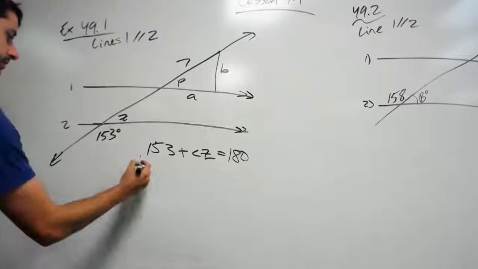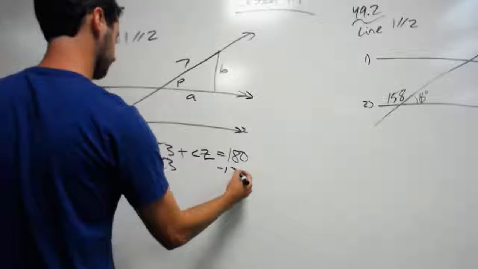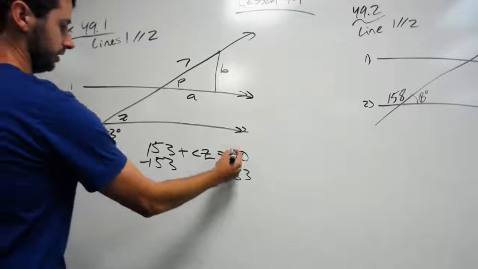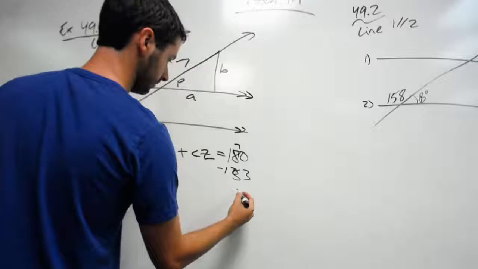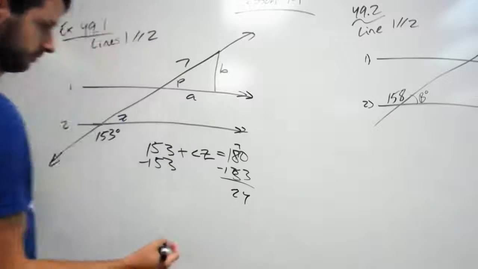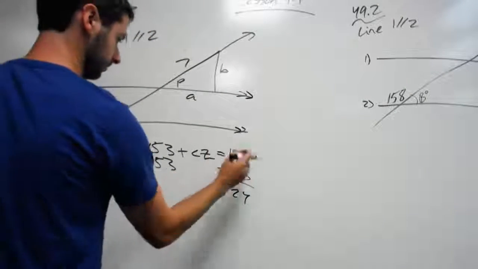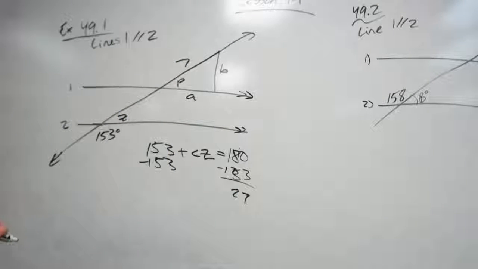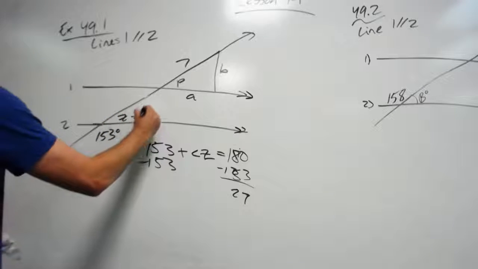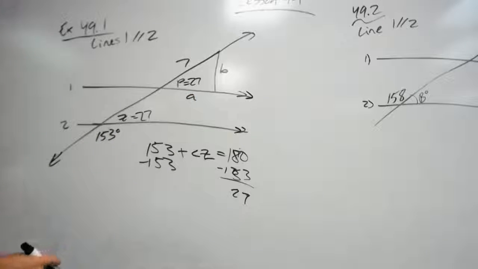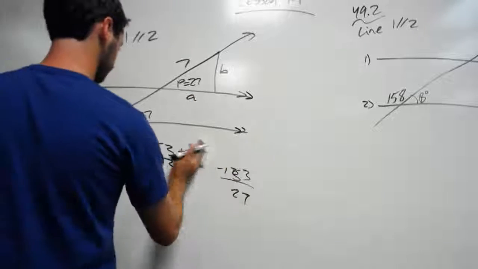So then we subtract 153, and we find that Z would be 24. No, that's not right. 27. Z would be 27. If Z is 27, we know that P also is 27 because they're corresponding angles, and they're both small angles.